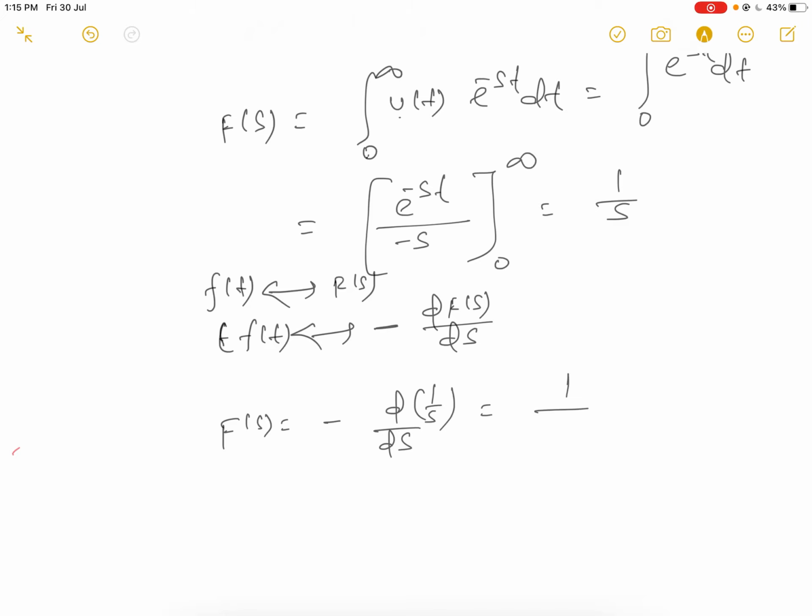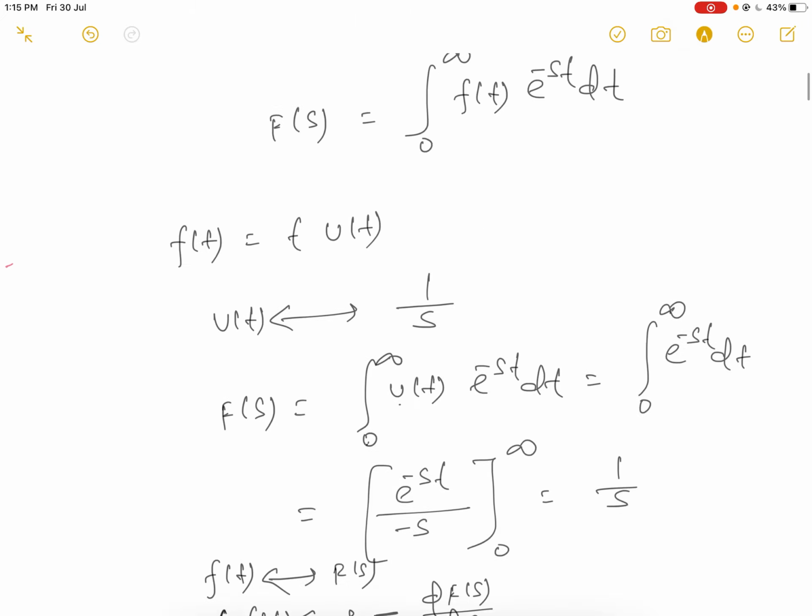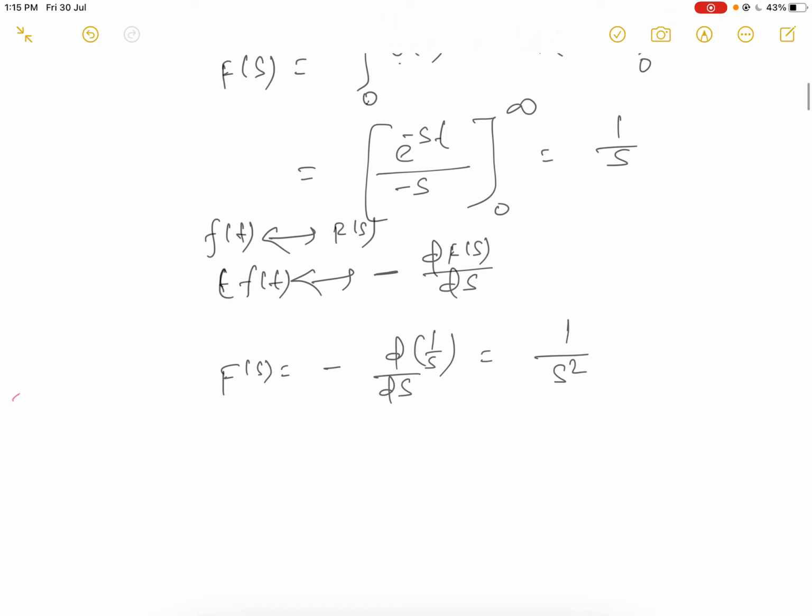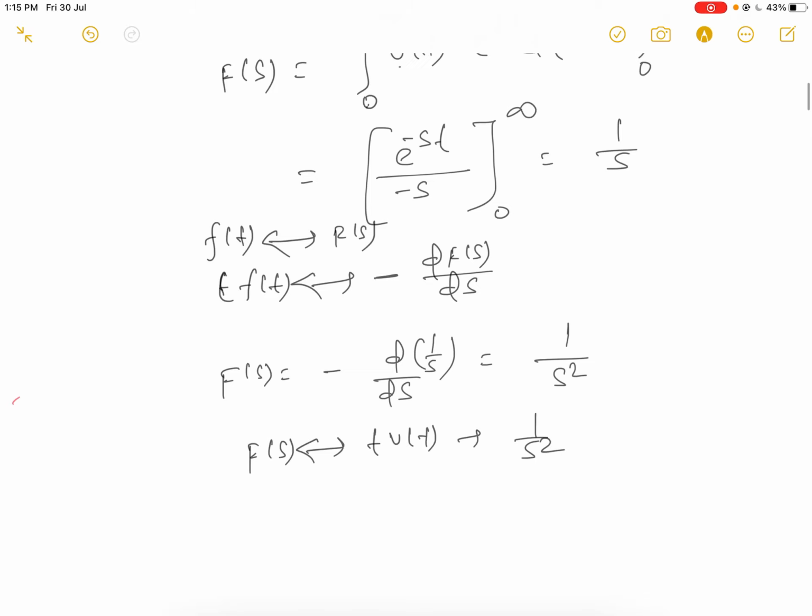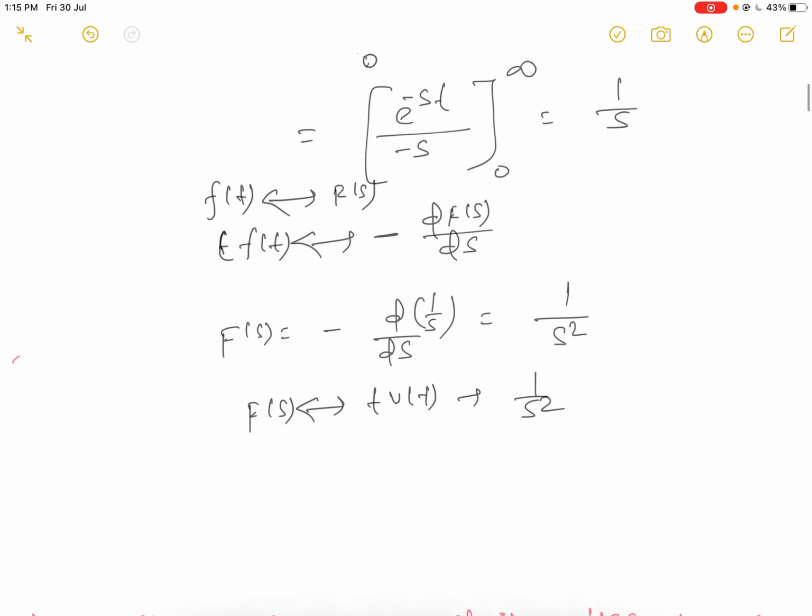What will happen? This will be 1/s square for t u(t). So F(s) of t u(t) will be 1/s square.